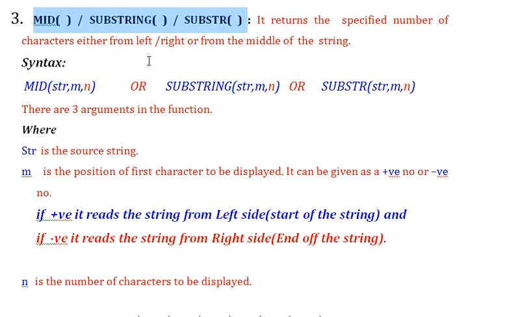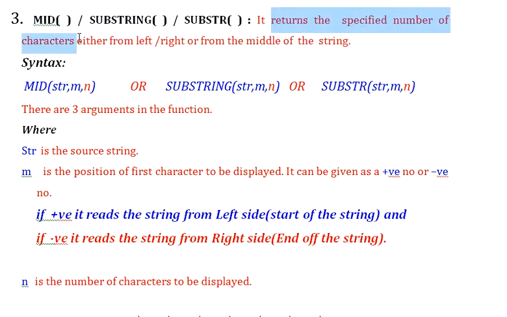MID is a string function that basically returns the specified number of characters either from the left, or right, or from the middle of the string. Like we saw in the last video with the left and right functions of MySQL: left is used for extracting data from the leftmost side of the string, and right from the rightmost side.